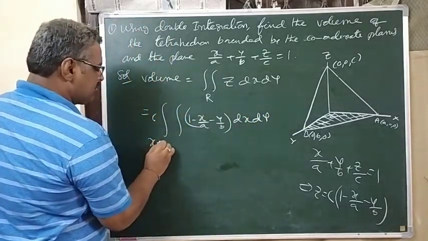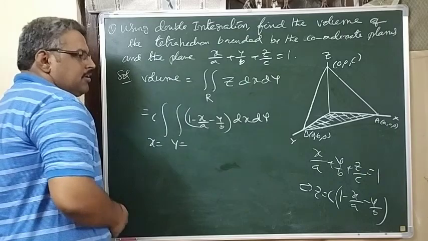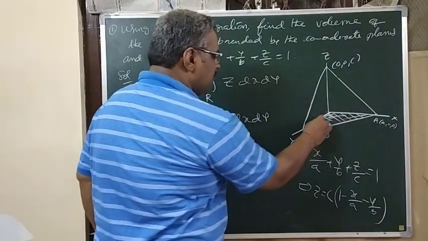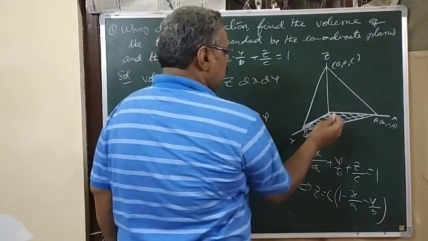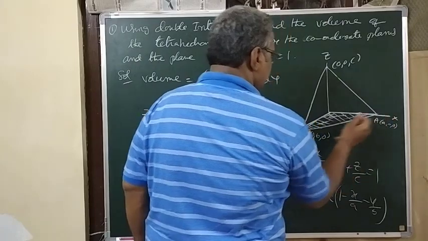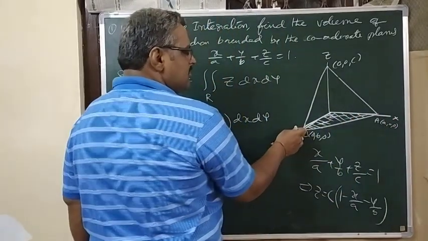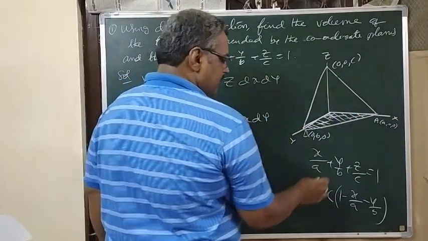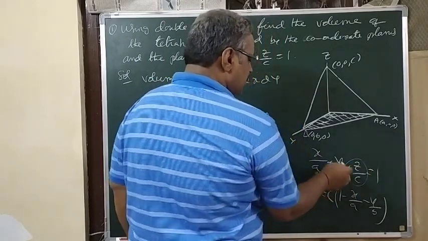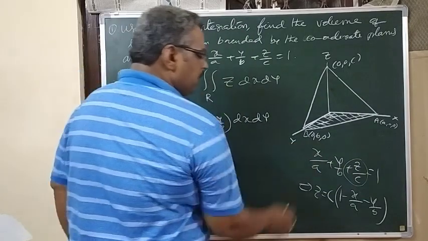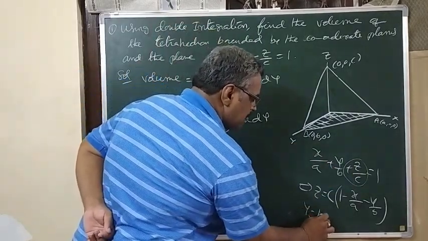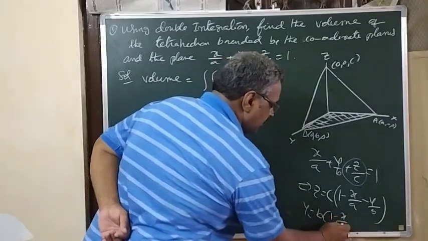What about the limits of x and y? Along the x-axis, the lower curve is this one, then the upper curve is this line. After finding the limits, from this one, what is the y value? y equals b into 1 minus x by a.